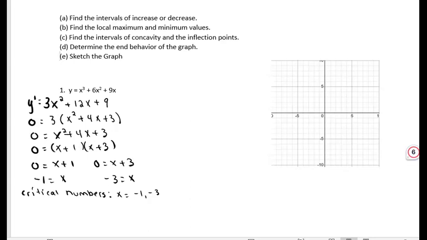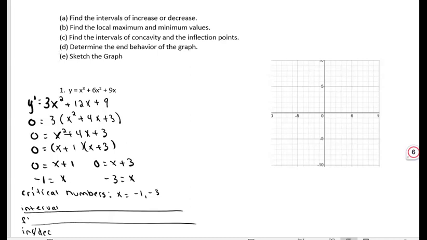So let's start with our intervals. And we need our first derivative, and we need to know if that is increasing or decreasing. All right, so I'm going to split my intervals at my critical numbers.